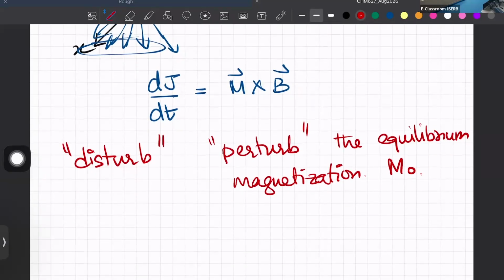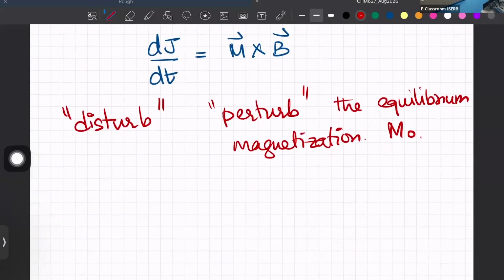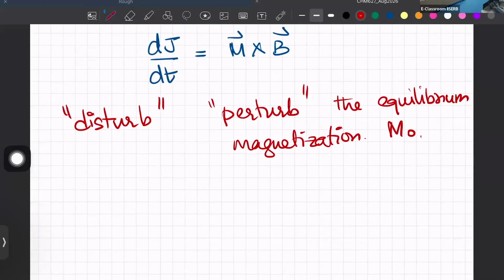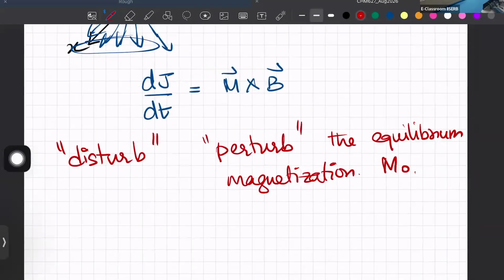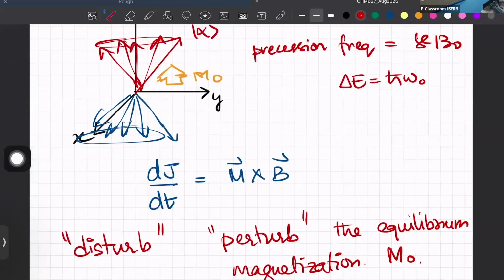And right now, let's not worry about how we make this disturbance. Assume that you have all the powers in terms of the RF field that you apply, where you apply light and you do spectroscopy, isn't it? The RF field that you apply can change this magnetization. And how does that happen? You can always apply a magnetic field.